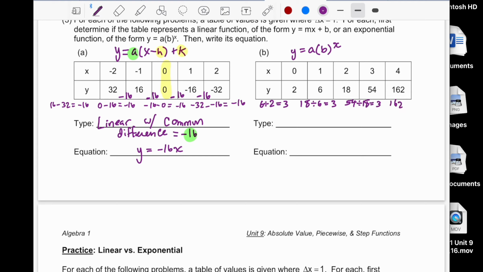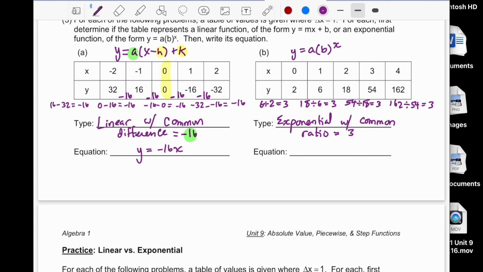And 162 divided by 54 is equal to 3. So this is exponential with a common ratio equal to 3.